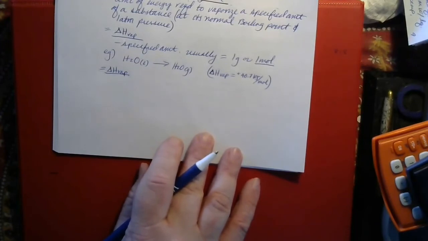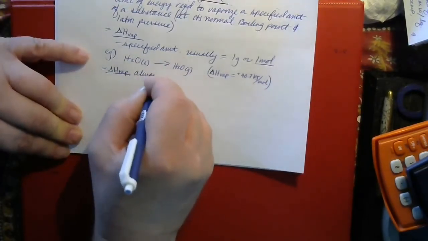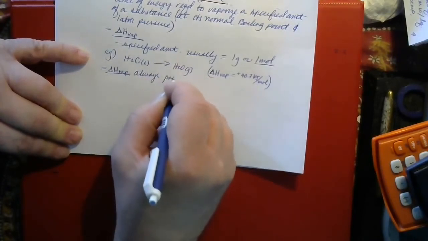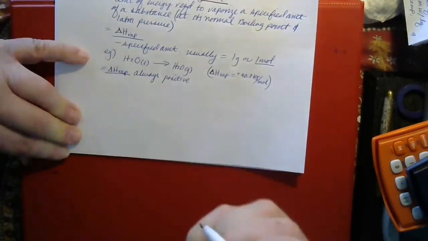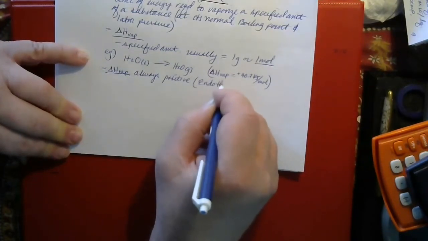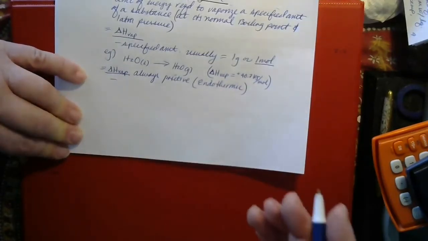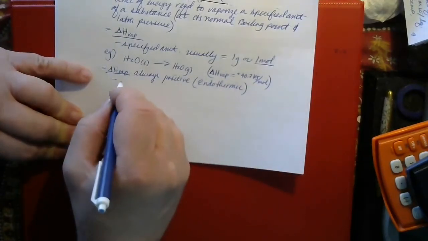So anyway, the heat of vaporization is always positive. And that's because the process is endothermic. But there are different values for different substances.